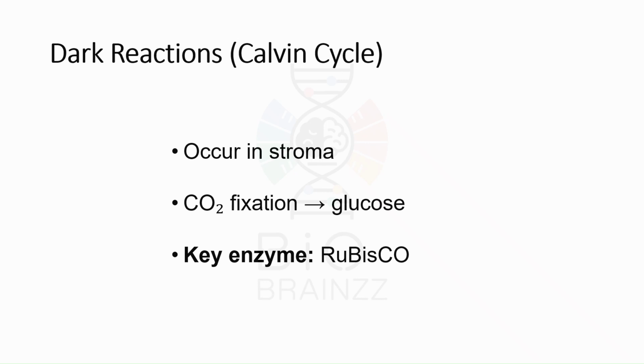In this cycle, carbon dioxide is fixed and converted into glucose. The key enzyme involved is Rubisco, which is one of the most abundant enzymes on Earth. Questions are often asked about CO2 fixation and the role of Rubisco, so this concept should be very clear.